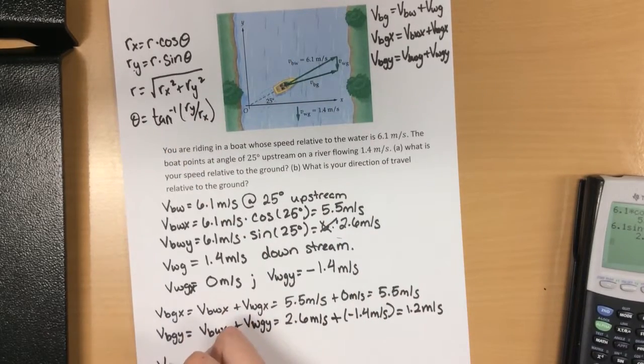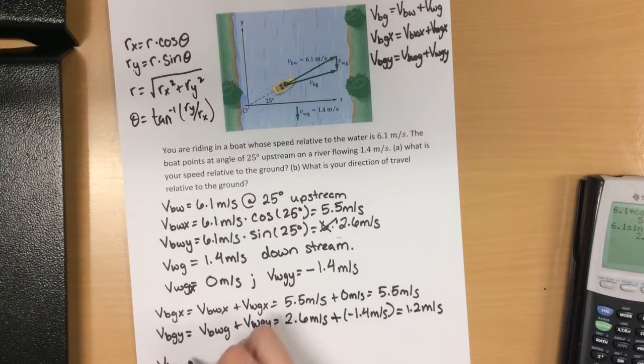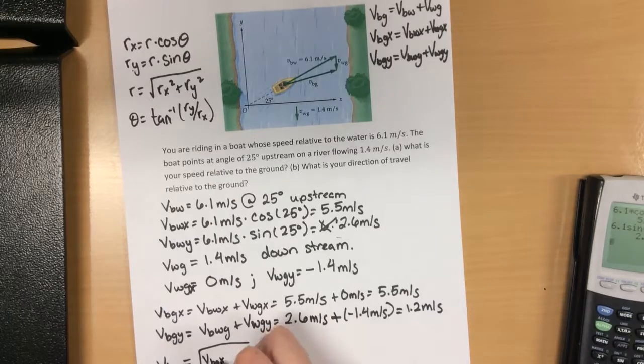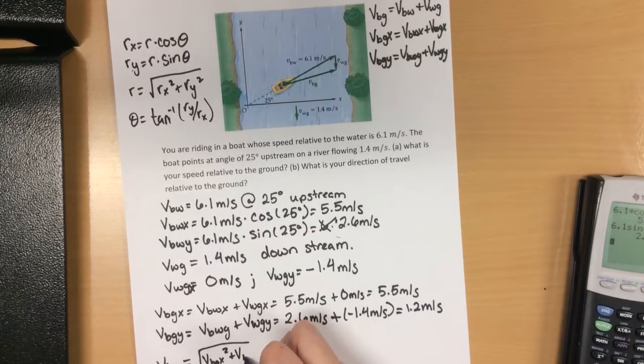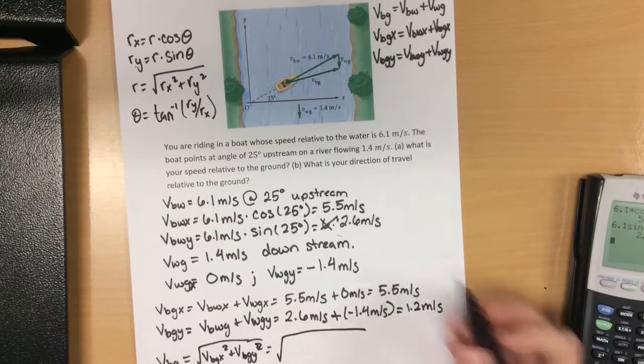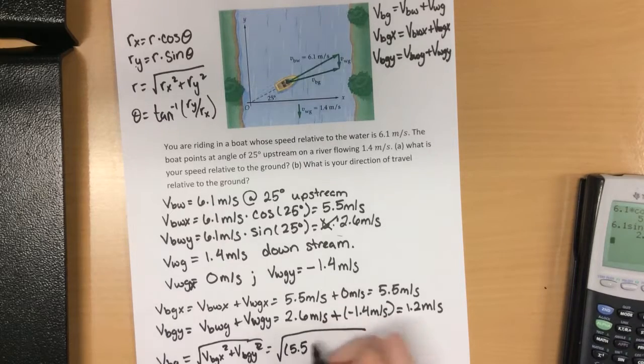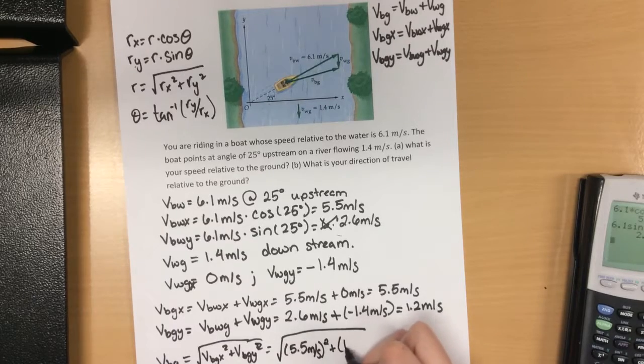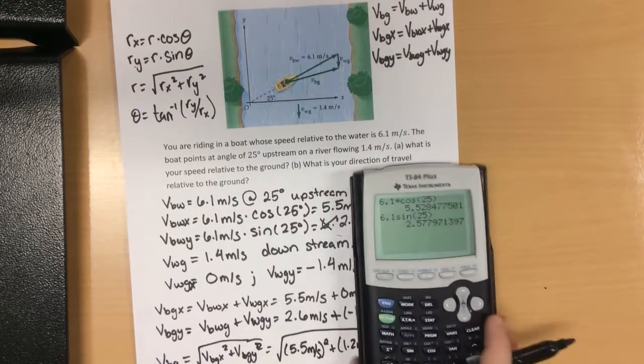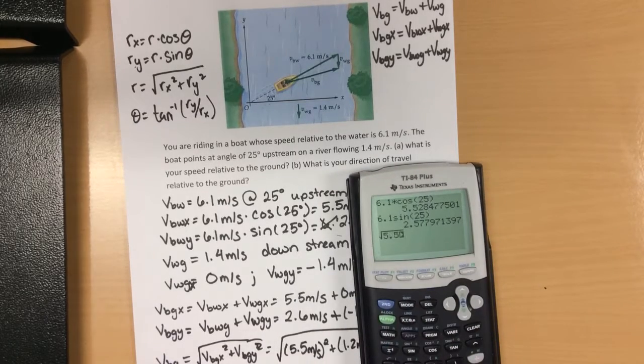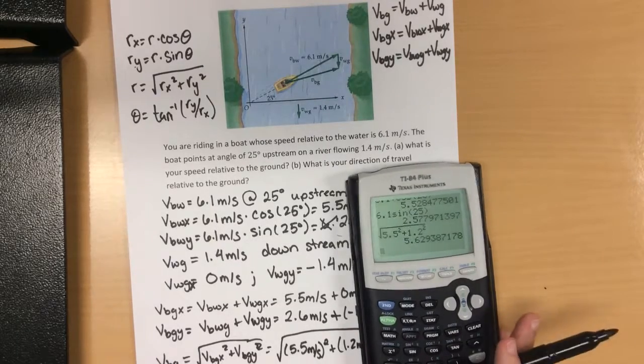So velocity boat ground is equal to the square root of velocity boat ground x squared plus velocity boat ground y squared. We're looking at 5.6.